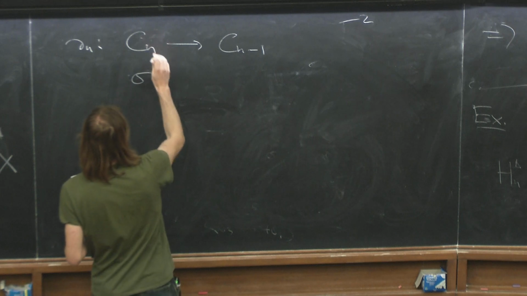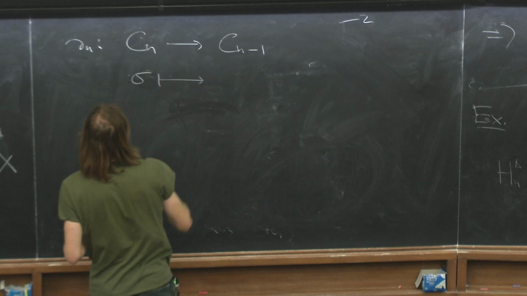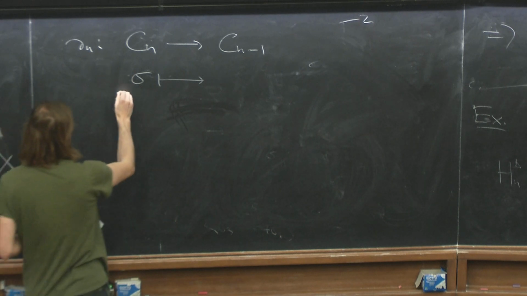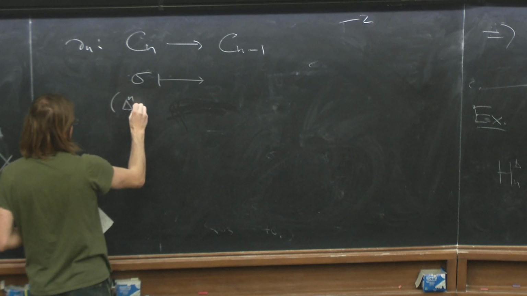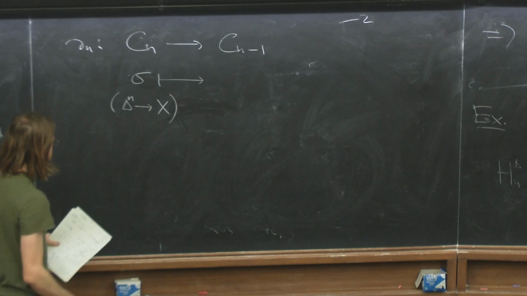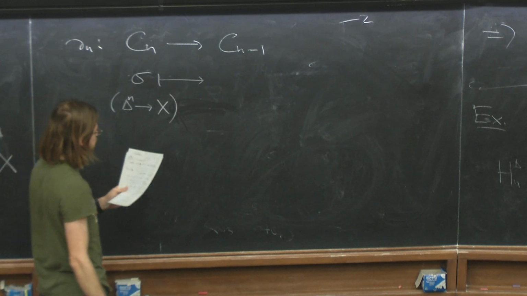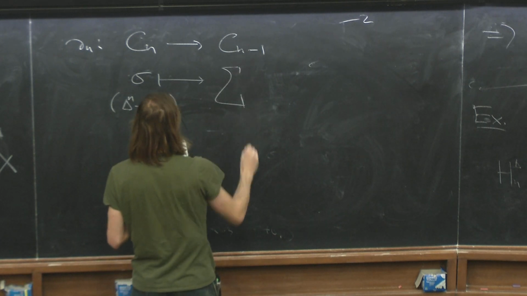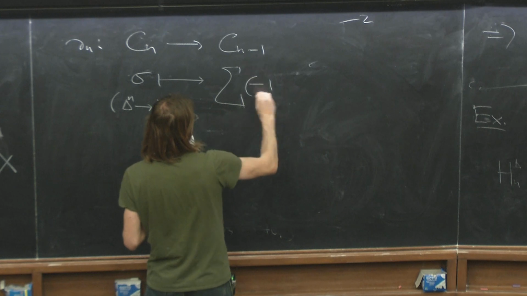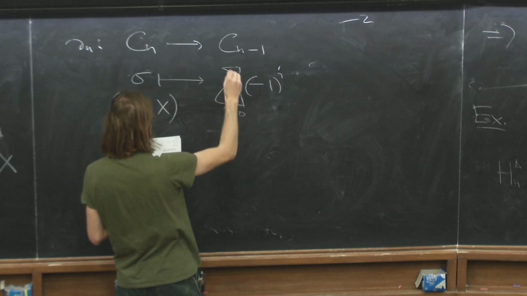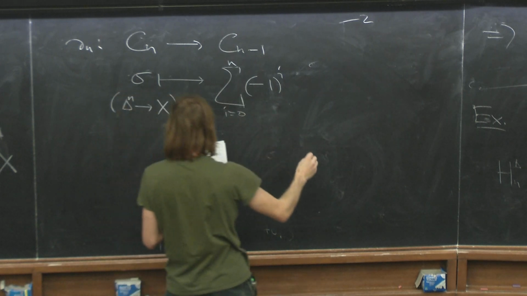So here it's enough to consider, again, an arbitrary generator, which is a map sigma from an n-simplex to X, and this map is sent to the following formal linear combination of maps, and the formula is essentially the same as we had before.